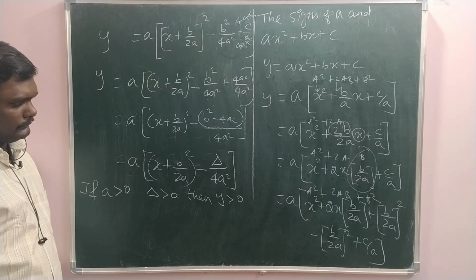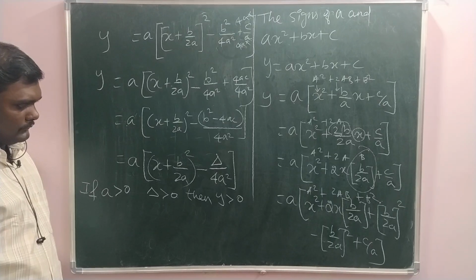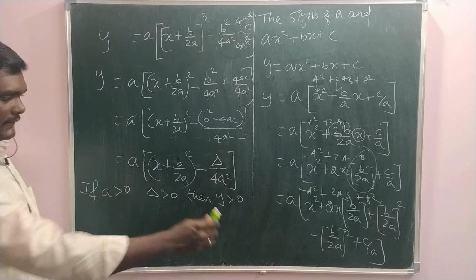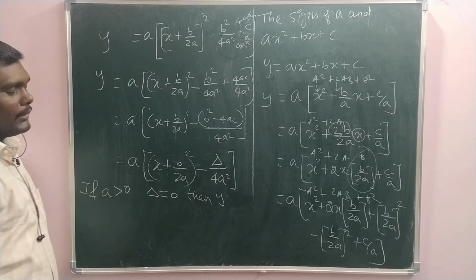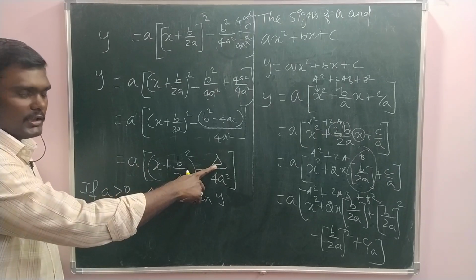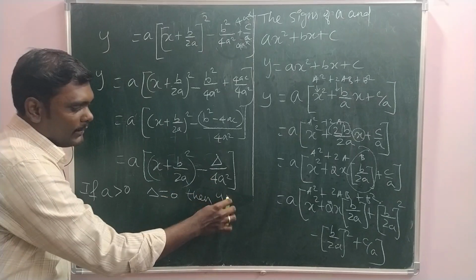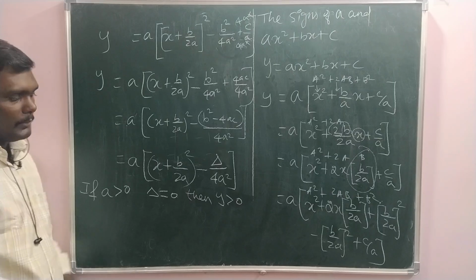Oh no, not like that. a is positive, del is positive. Okay, we'll see the easy case first. a is positive and del is equal to 0. This is a positive number, this one becomes 0, this is fully 0. Then totally y will be greater than 0, a positive value.